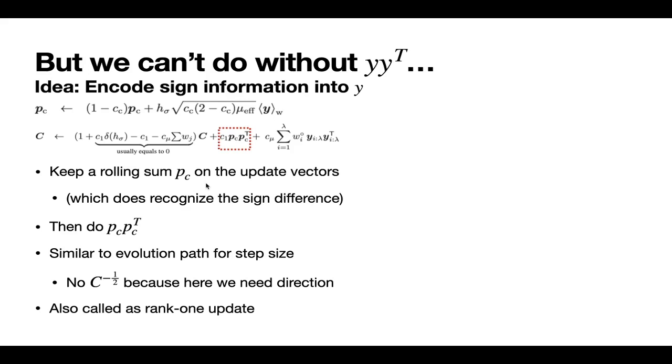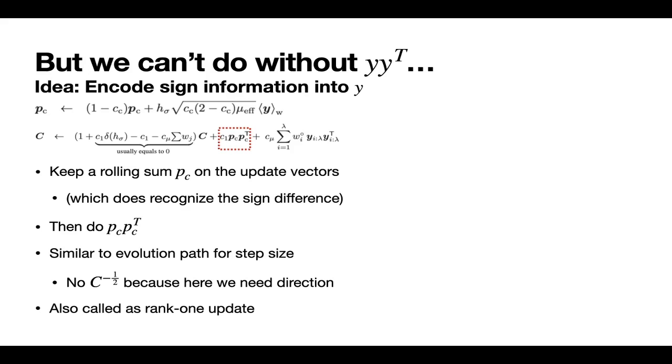And if two vectors have opposite signs, they're going to cancel each other out in the sum. And after we obtain this rolling sum, we are going to, as usual, take the dot product square of this rolling sum and include it in the covariance matrix update. So that is what is called the rank 1 update. This is the rank mu update, and this is the rank 1 update.